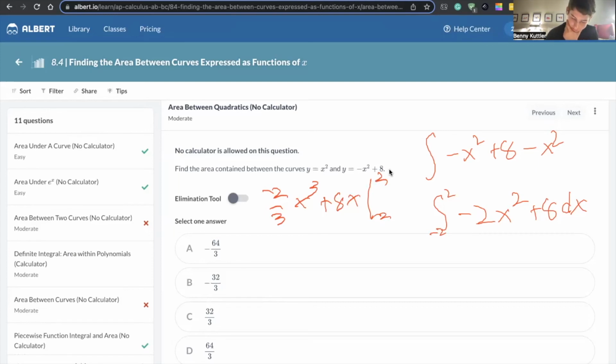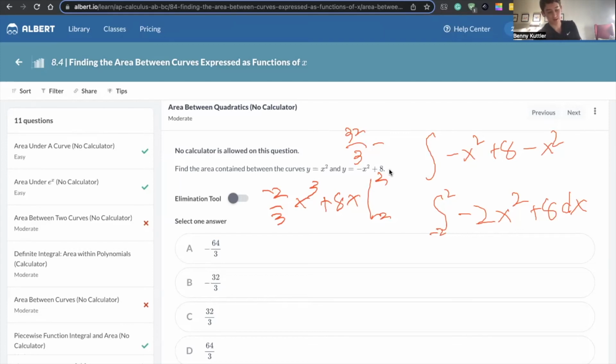So now we do 8, negative 16 over 3 plus 16. So 32 over 3 minus, we plug in negative 2. That's why, because that's not positive, that's still negative.